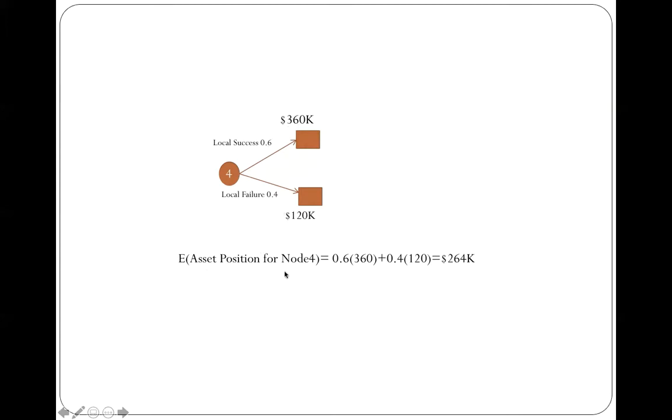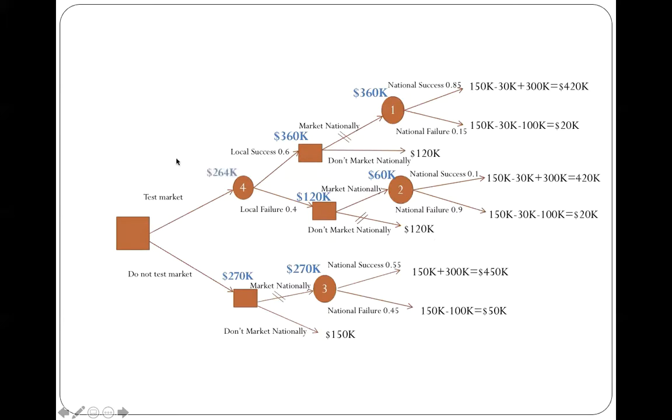So the average of asset value at node 4 is 264K. And that's, again, the value I'm going to put on top of node 4, because with these two possible outcomes and the probabilities associated with each one of them, this is what I expect to observe. The probability of local success and the probability of local failure were given to us in the problem statement. So I put the 0.4 and 0.6 based on what was given to us in the problem statement.